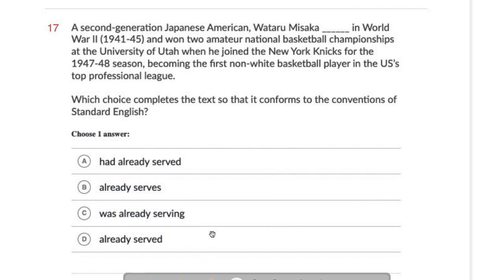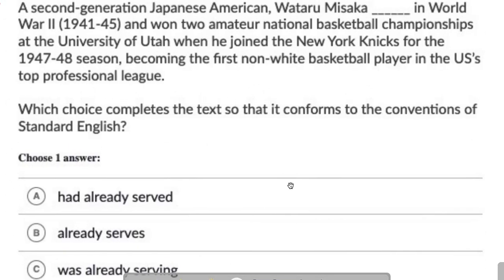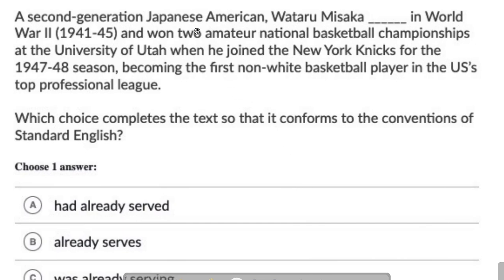Here we're back to something to do with verbs, and looking at the answer choices, we might be able to anticipate that this is going to have more to do with verb tense. And the reason for that is that there's not going to be any agreement issues on these. What do I mean? Well, let's just look at it.